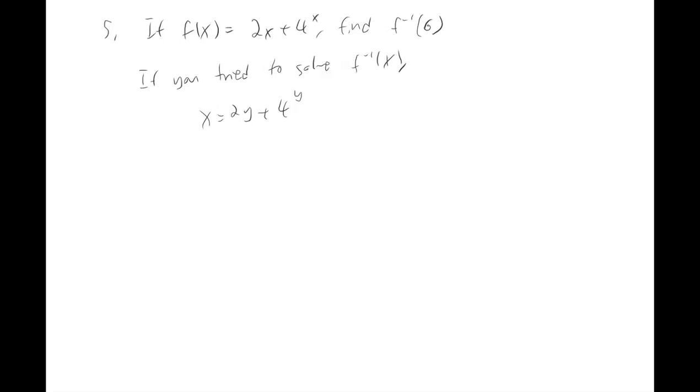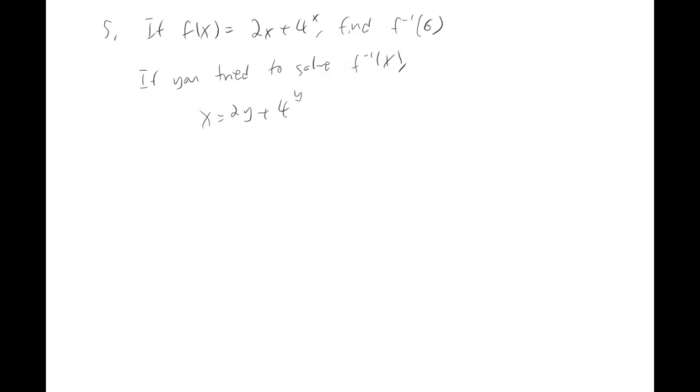So this is really difficult, right? Trying to find f inverse of x, because you would have to solve for y. So instead, let's not. The question doesn't ask for f inverse of x, right? It only asks for f inverse of a particular number.